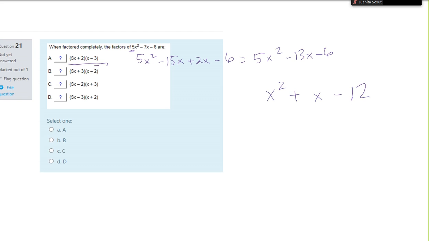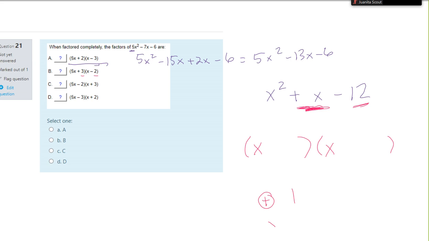When we FOIL everything out, the number in front of the x is going to be the addition of this and this part. This one is going to be the answer when we multiply. So we're going to get something that looks like x plus or minus something times x plus or minus something. Okay. And if we look at this, our numbers that go in here are going to have to add up to 1.